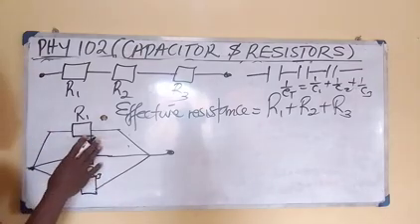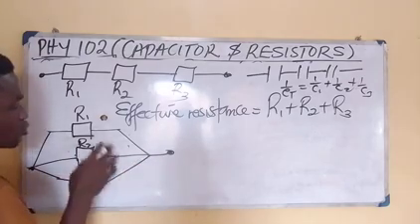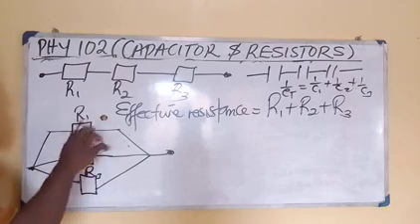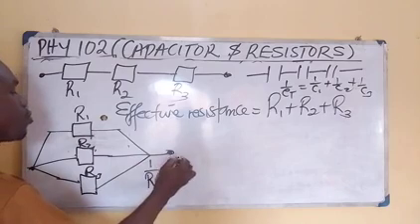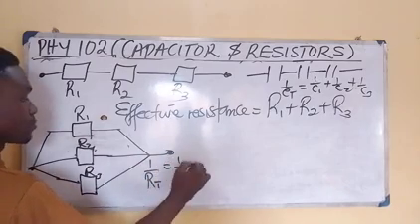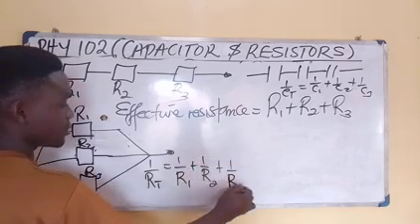The effective resistance in parallel when you have more than 2 resistors is 1 over RT equal to 1 over R1 plus 1 over R2 plus 1 over R3.